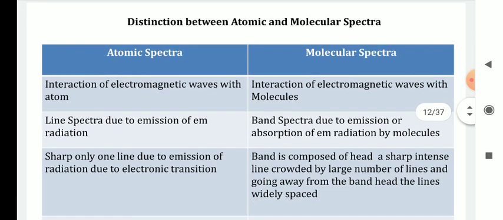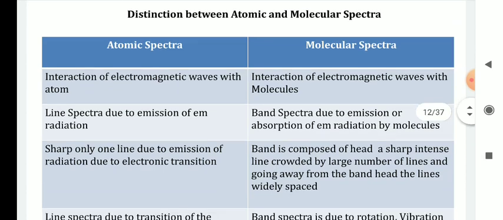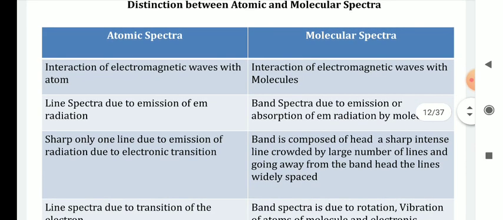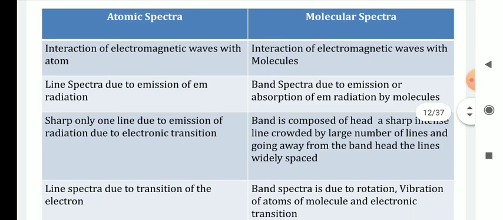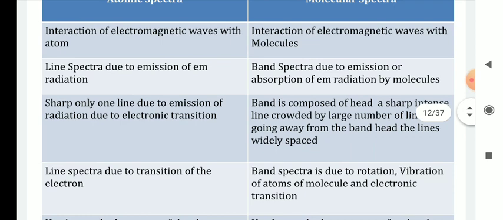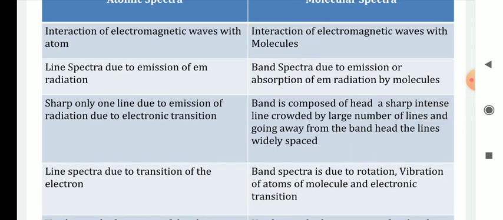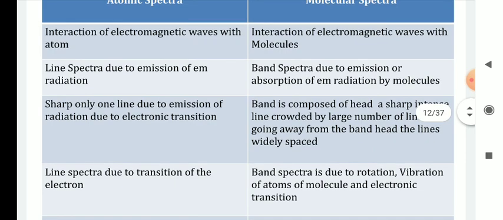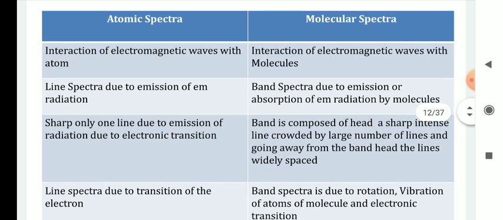So, we shall distinguish between the atomic and molecular spectra. The atomic spectra correspond to interaction of electromagnetic waves with the atom, whereas molecular spectra correspond to interaction of electromagnetic radiation with the molecules. Line spectra are due to the emission of electromagnetic radiation and correspond to atomic spectra.